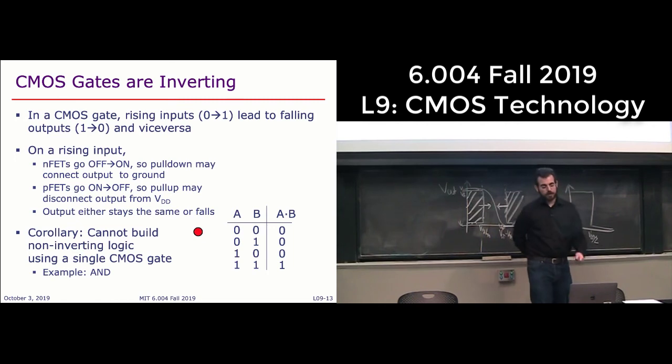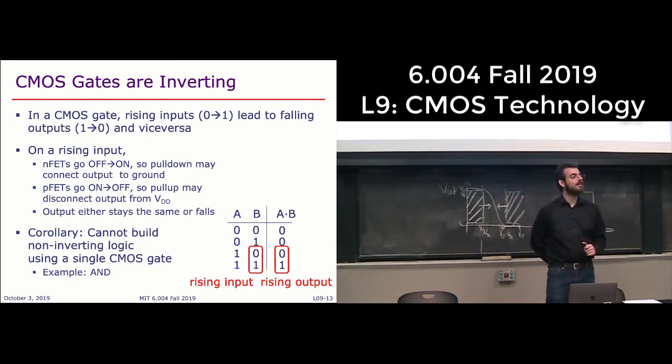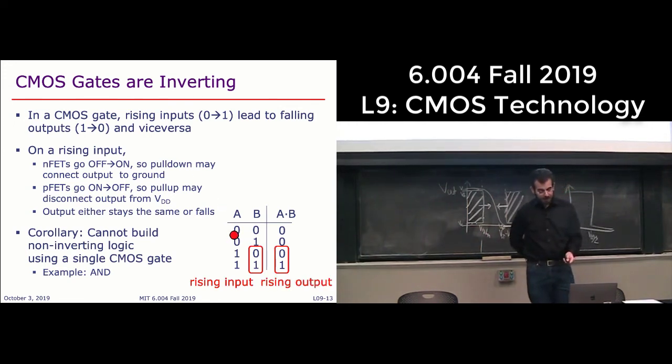If we're in a situation like here, where we have A set to 1 and B set to 0, and then we change B from 0 to 1, then what will happen to the output? It will go to 1. So a rising input causes a rising output. This transition from 0,1 to 1,1 is also a rising input that causes a rising output. So you cannot implement AND with a single CMOS gate.